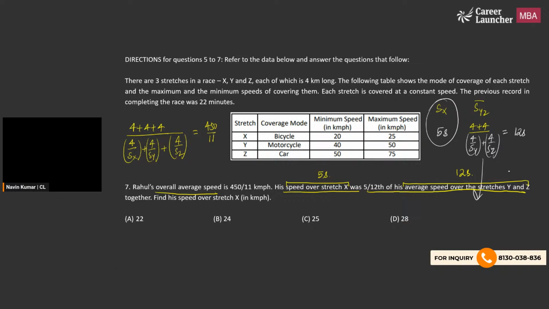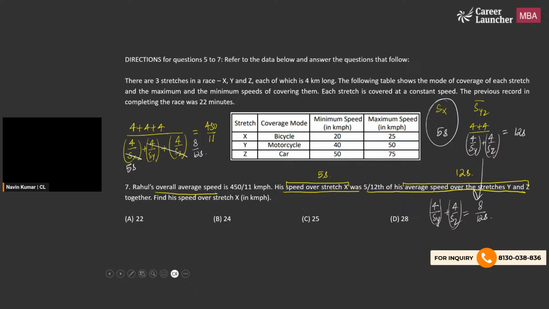If we cross multiply, we can write 4 by SY plus 4 by SZ as 8 by 12s. So instead of SX, we are going to write 5s, and instead of 4 by SY plus 4 by SZ, we are going to write 8 by 12s.